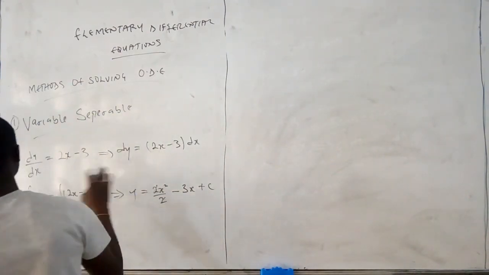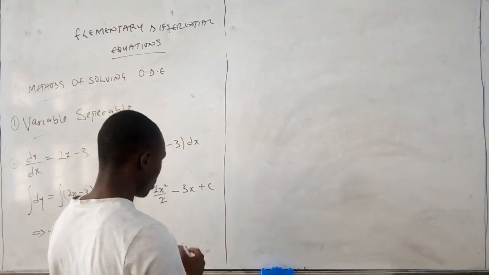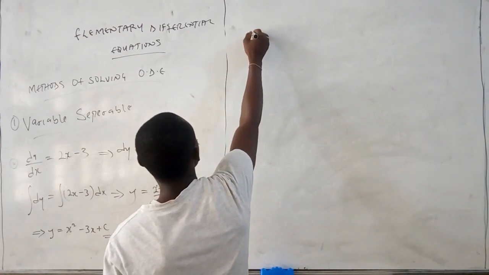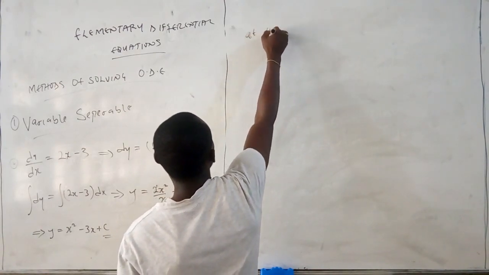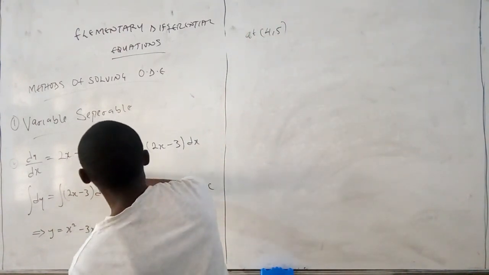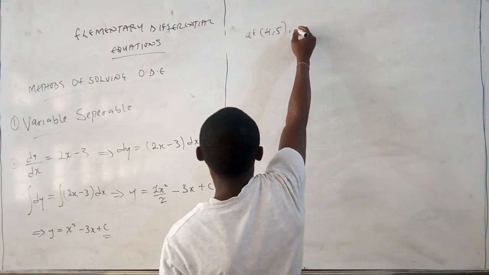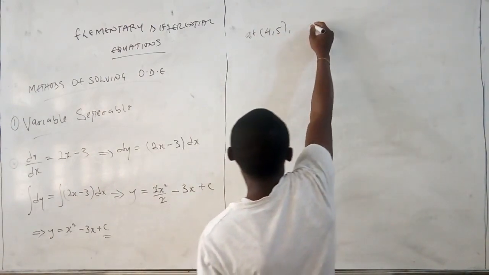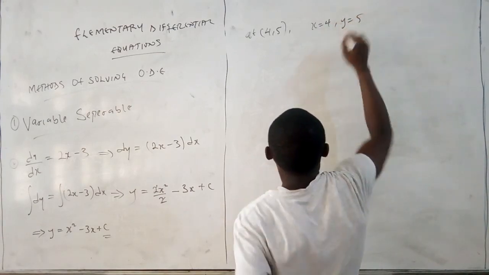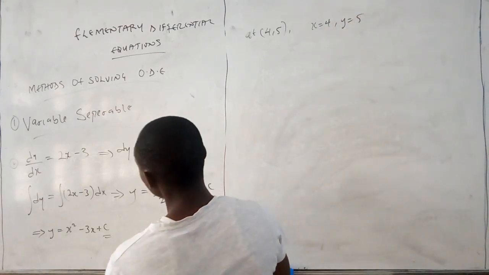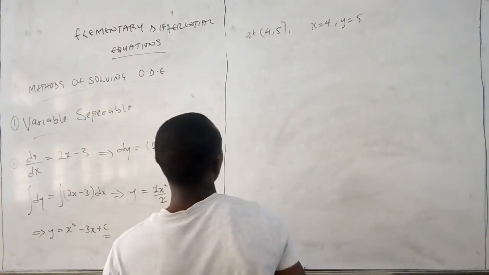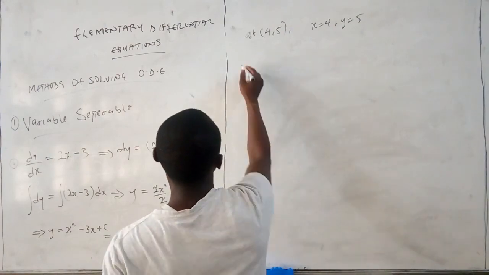You may be given this type of question and asked to find the line passing through, let's say, 4,5. What it means is x is equal to 4 while y is equal to 5. So after arriving there, you will now substitute this 4 and 5 into the equation.